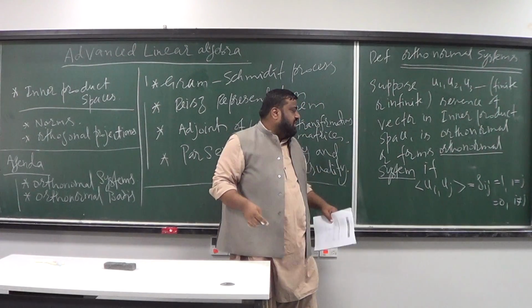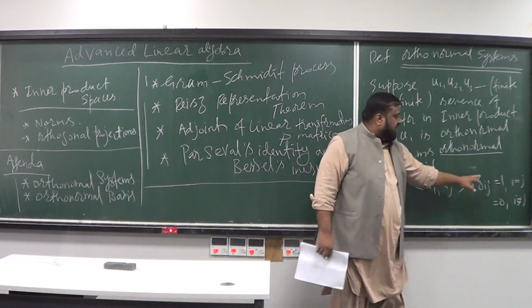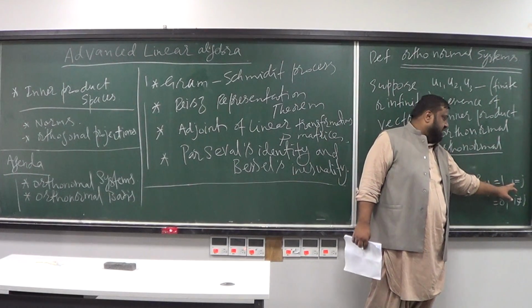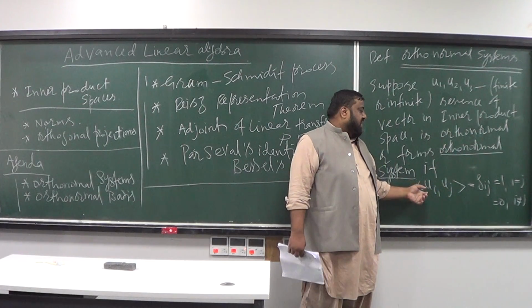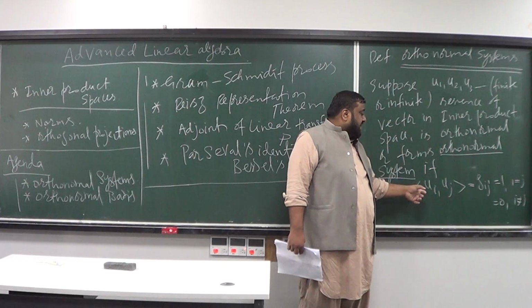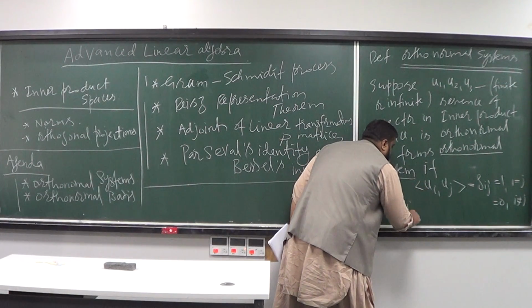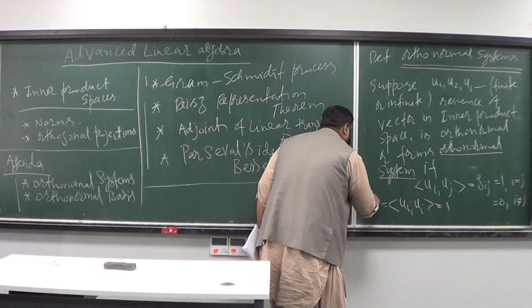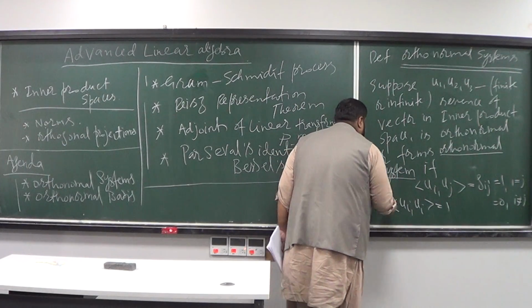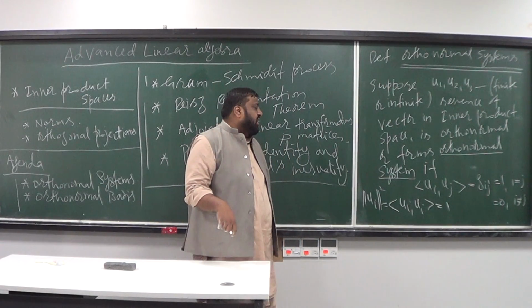Think about it: when i equals j, the inner product of ui with ui is 1, but that inner product is basically the norm of ui squared. We know the relationship between inner product and norm.